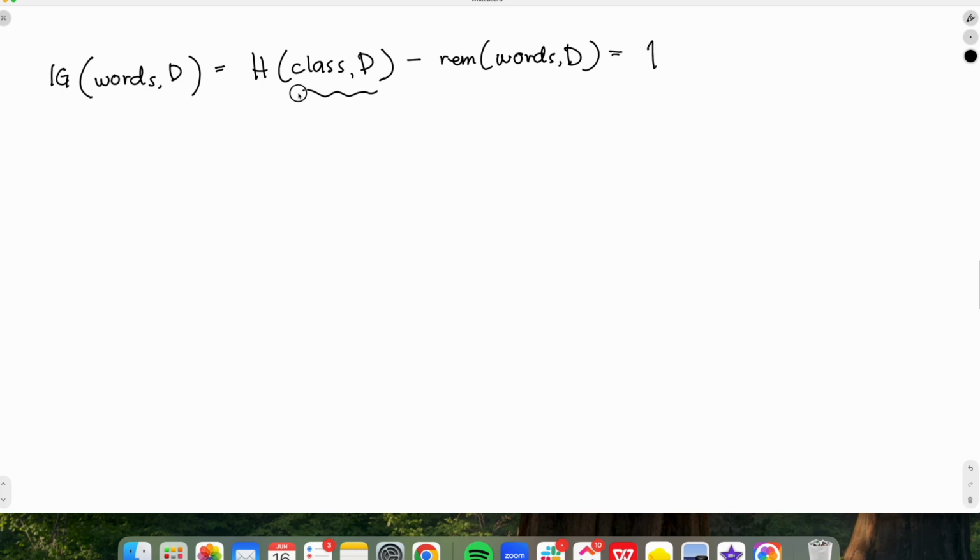We solved this already, and it is equal to 1 bit minus 0. So this is 1 bit.